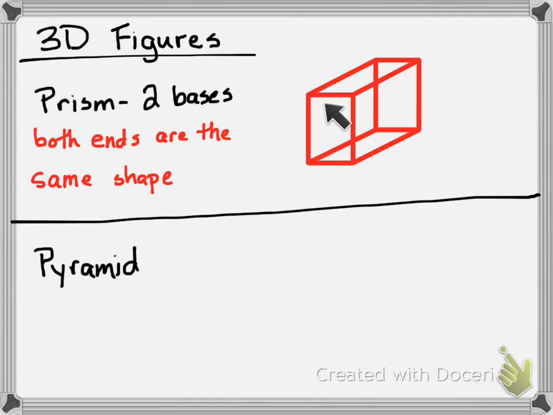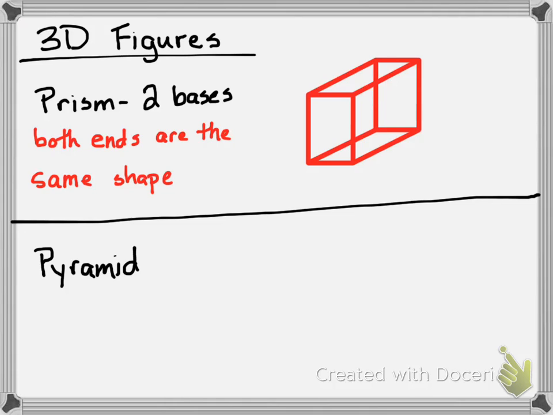The front and the back are the same, or in this case the bottom and the top are the same. They're the exact same shape. They're congruent.